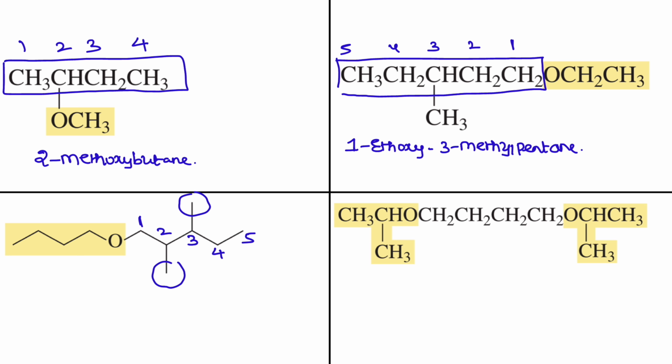We can say dimethyl, but spelling begins with M. Methyl, M. This is butoxy. Spelling begins with B. So, alphabetical order. Therefore, this is 1-butoxy-2,3-dimethylpentane.